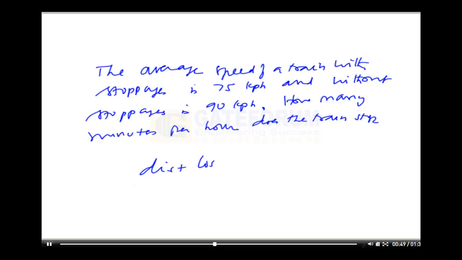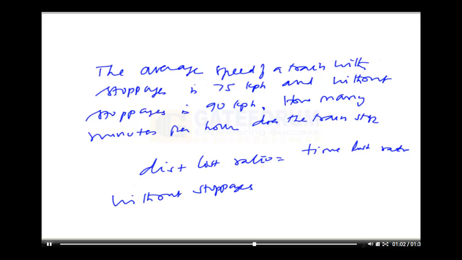So distance lost ratio is equal to time lost ratio. Without stoppages, the distance covered is 90 kilometers.